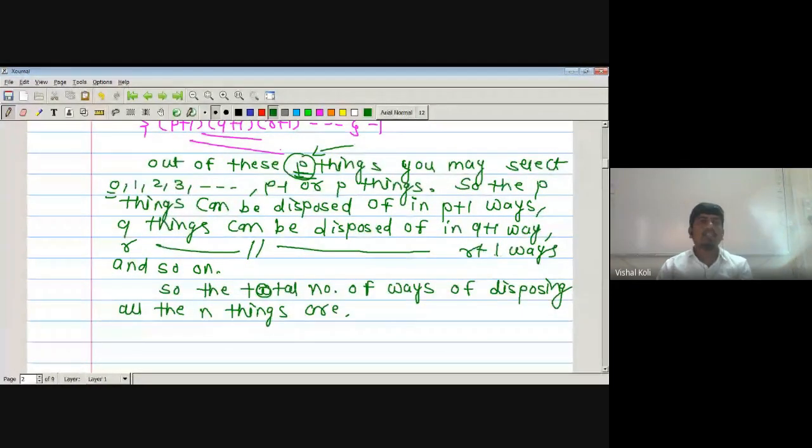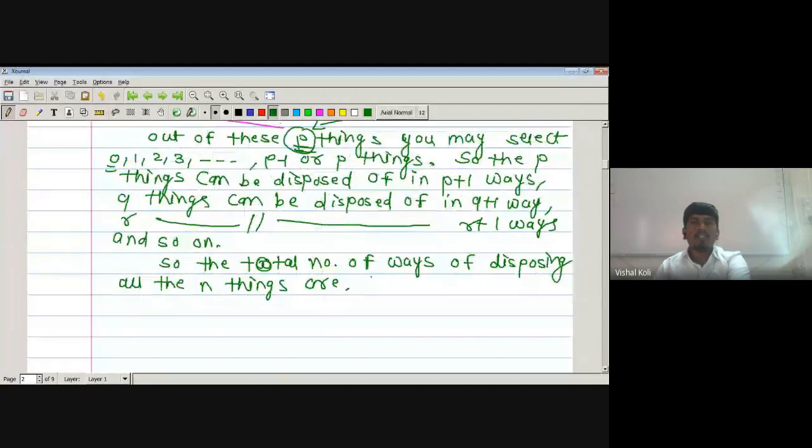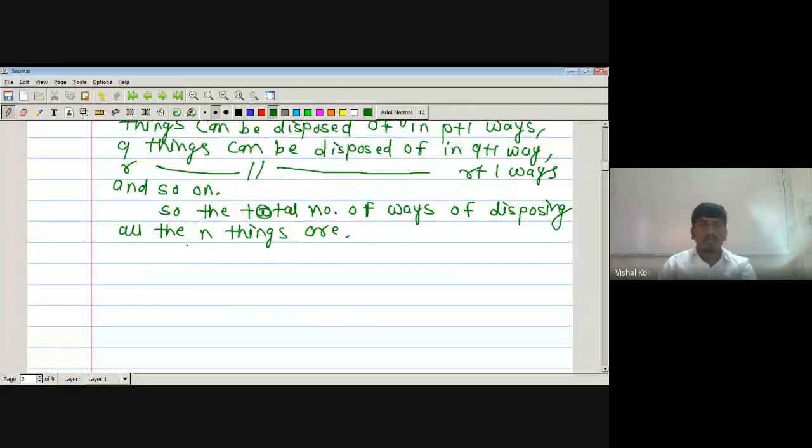If s is the next thing, then s things can be disposed of in s plus 1 ways. Now we have to use the product rule. Then all of these n things can be disposed of in (p plus 1) into (q plus 1) into (r plus 1) and so on ways. These are the required number of ways.